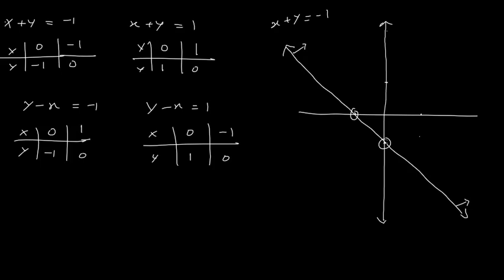So a line parallel to this line but passing through these 2 points is x + y = +1.